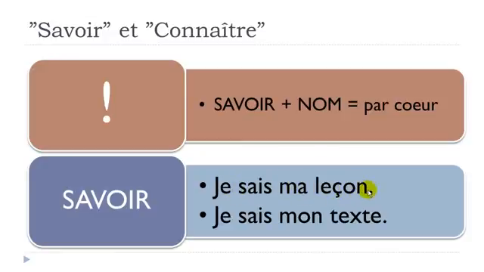When you use je sais ma leçon, you really want to say that you know your lesson by heart. That's the reason why we use savoir in that case. Same thing for the second example: je sais mon texte, my text, or my lines if you want. You want to introduce this idea that you know your text or your lines by heart. That's the only exception when we will use savoir plus a noun.